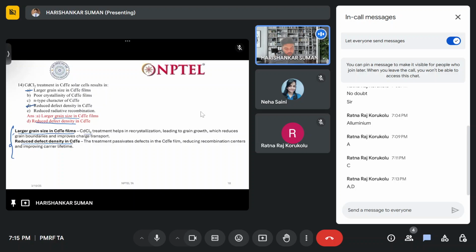So cadmium chloride treatment helps recrystallization, leading to grain growth, which reduces the grain boundaries, improves charge transfer, and reduces defect density in cadmium telluride.